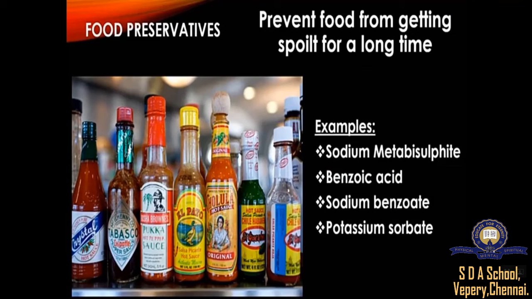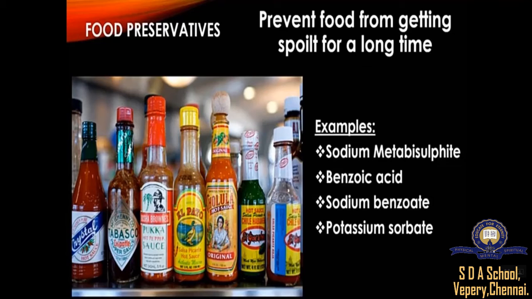Food preservatives. It keeps the food unspoiled for a long time. Why we are using preservatives: it will keep the food for a long time without spoiling. There are two types of preservatives, antimicrobial and antioxidant.